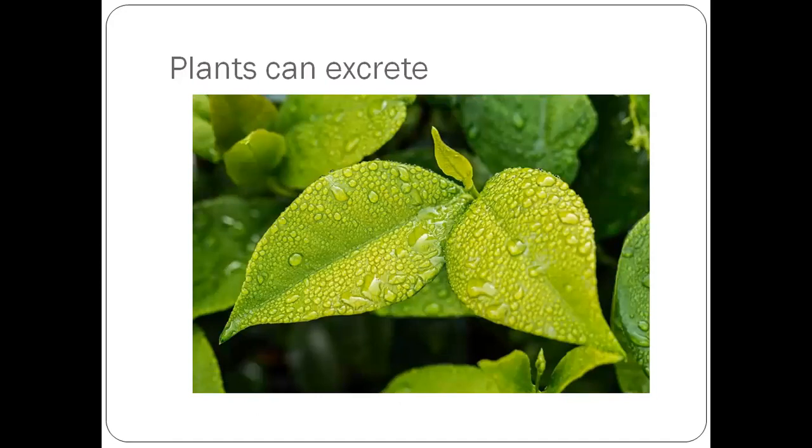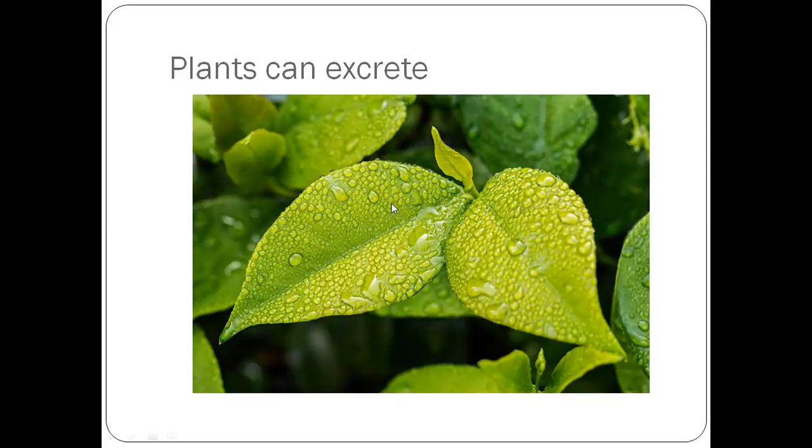Now, plants can excrete. When we say excrete, it simply means that they can get rid of their waste. Human beings, we get rid of our waste when we sweat. Plants also get rid of their waste through their leaves. So you can see the leaves here, water coming out of it.